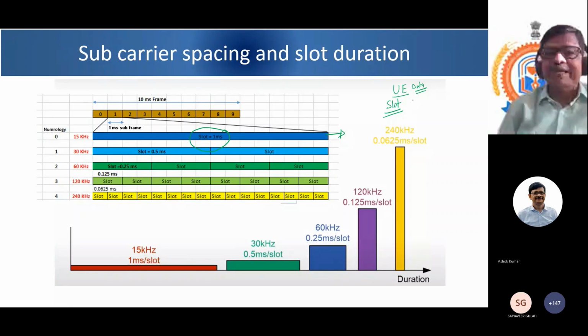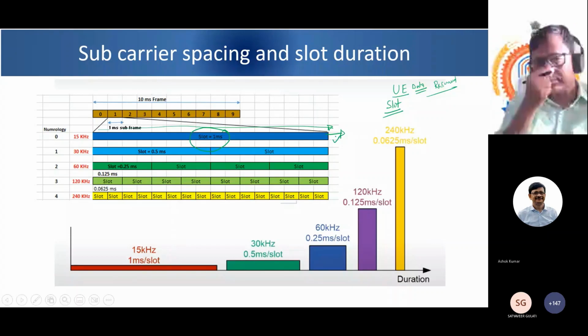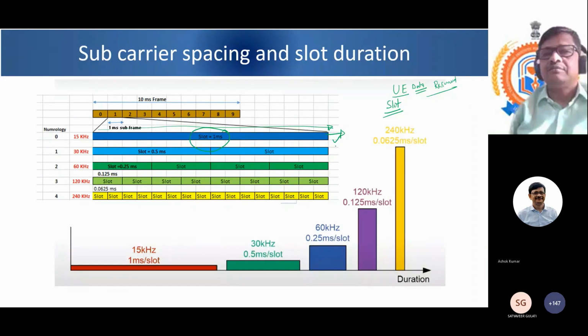So it has to wait for a new slot to come in the time domain. 1 millisecond has to pass, and then the UE is given resources. Right? So here the latency of 1 millisecond is all because of scheduling. That data can be scheduled only every millisecond, not before that.